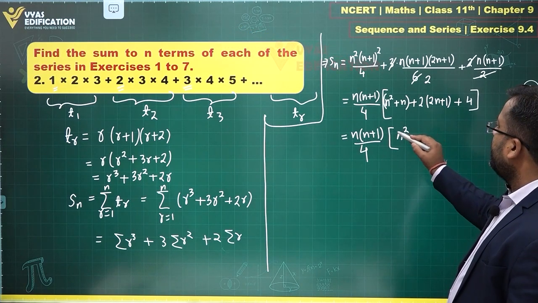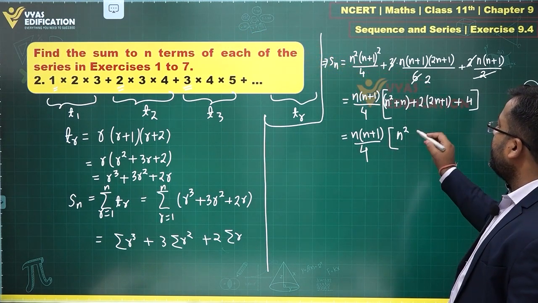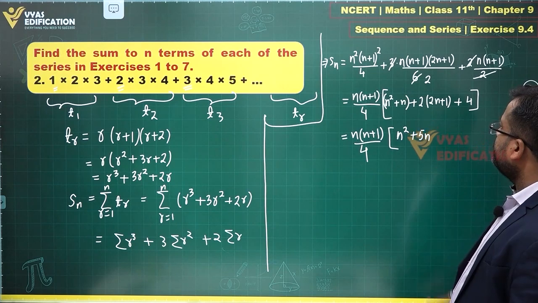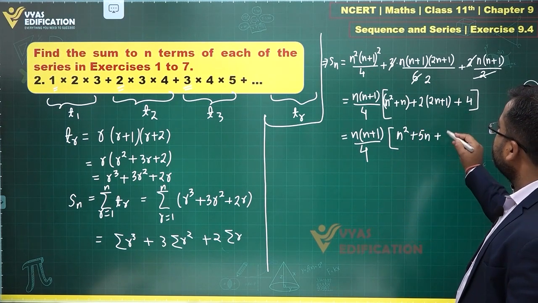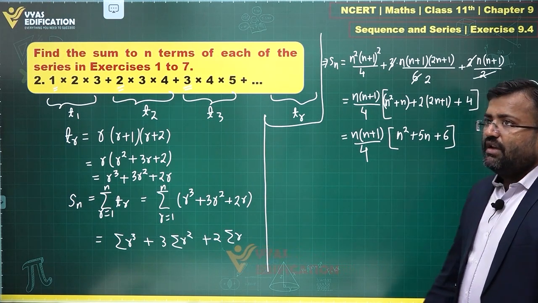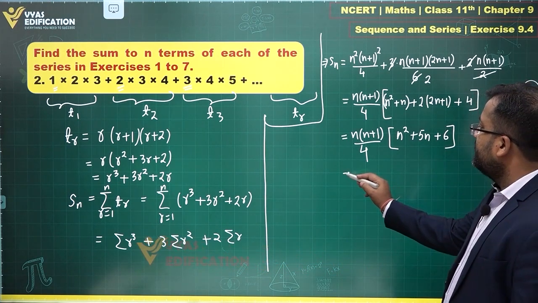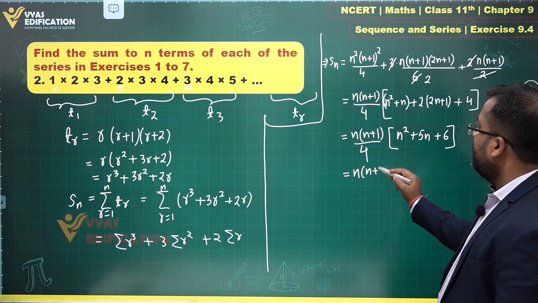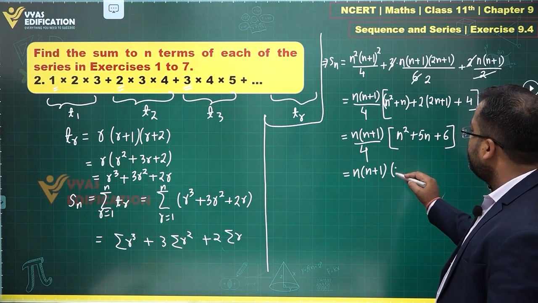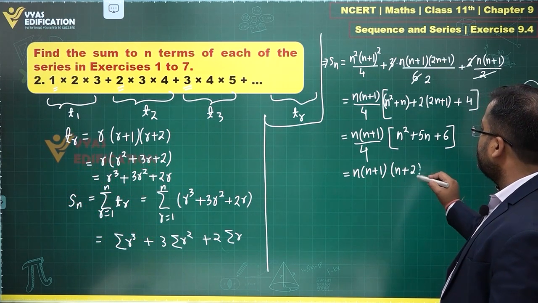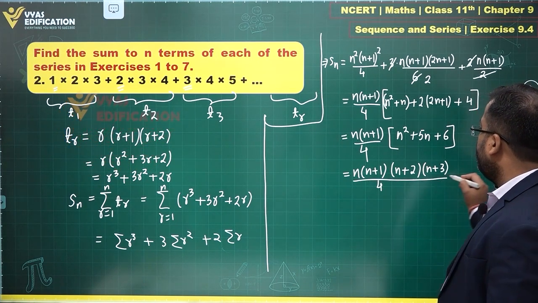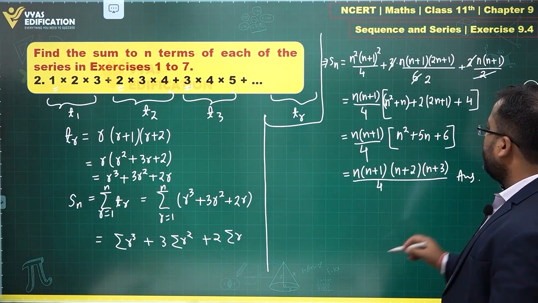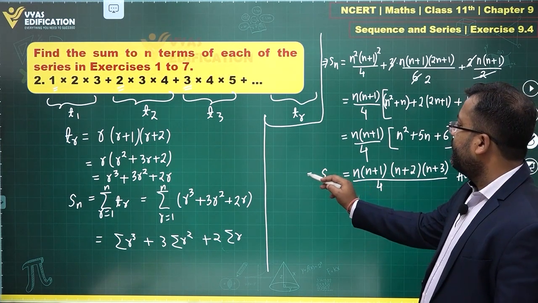This is n square plus n plus 4n is 5n, and plus 2 and 4, which is 6. This is n square plus 5n plus 6. This is factorized as n plus 2, n plus 3 upon 4. And that's my required answer for Sn.